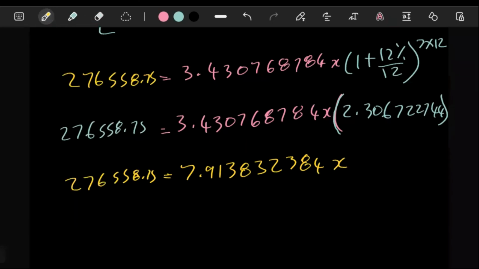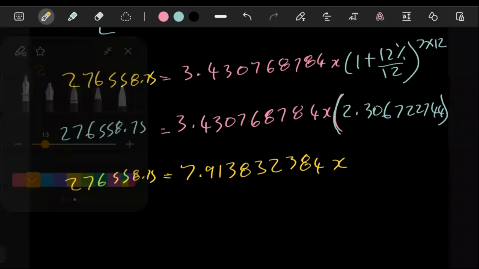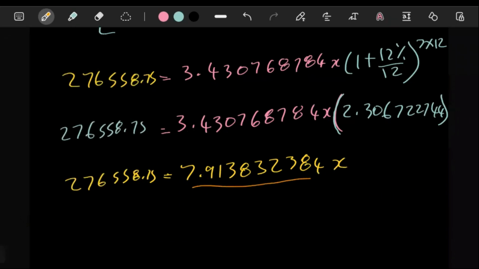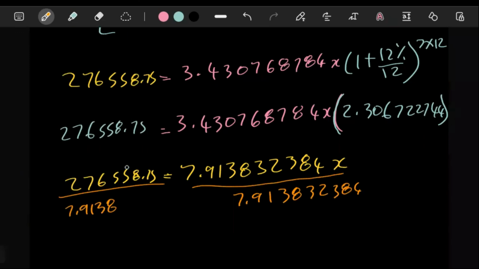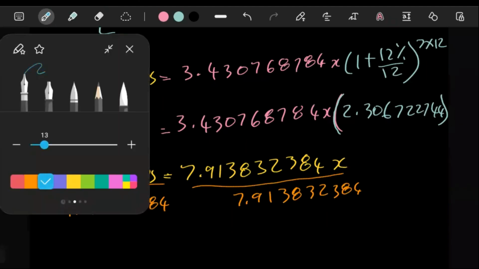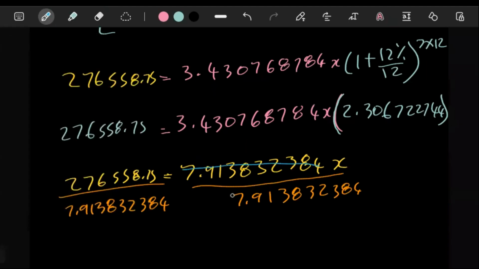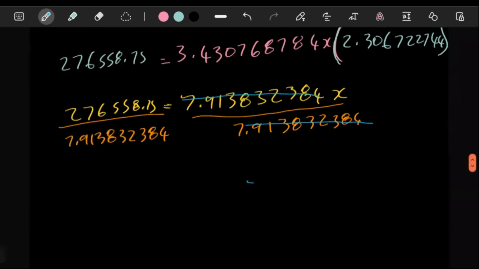Now, all this being done, let's divide this by 7.913832384, and then also this side. This cancels this, giving us a value of x.